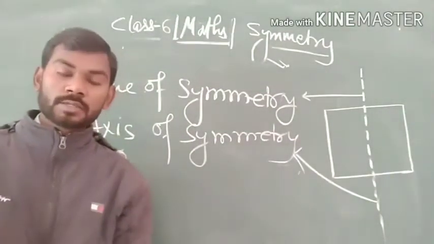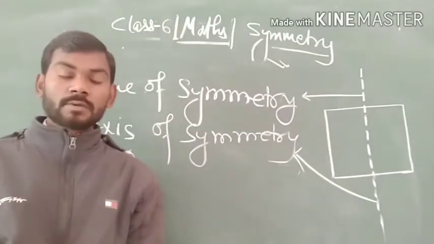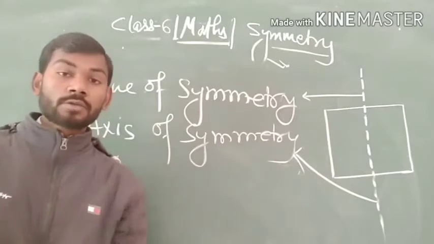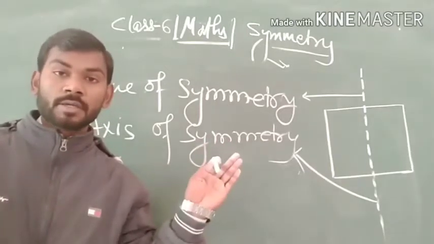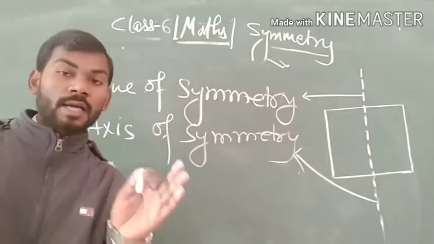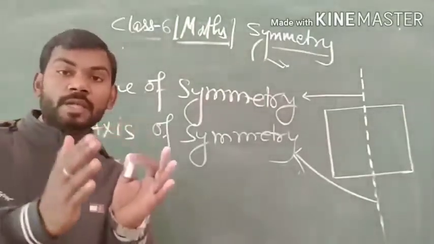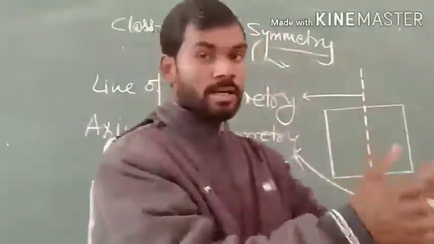And the object which is divided through this line of symmetry is said to be symmetrical about that line.